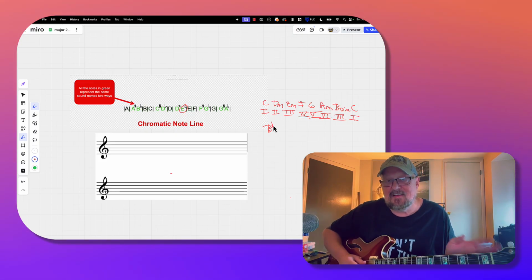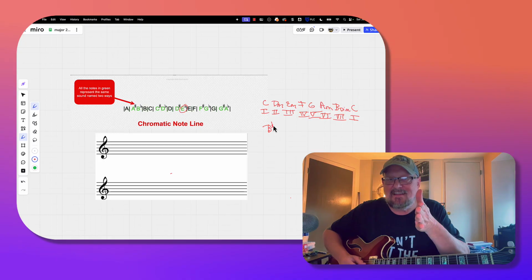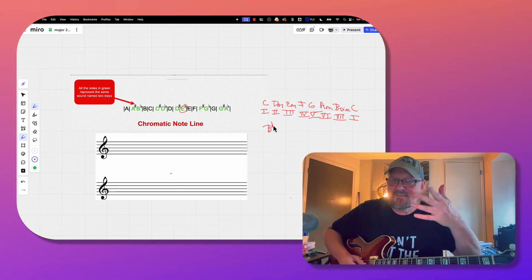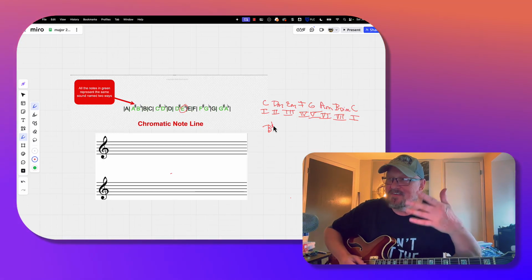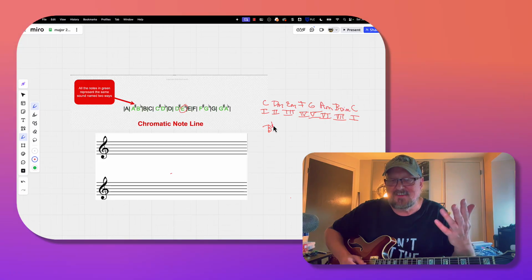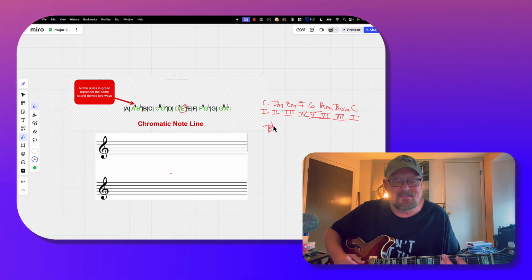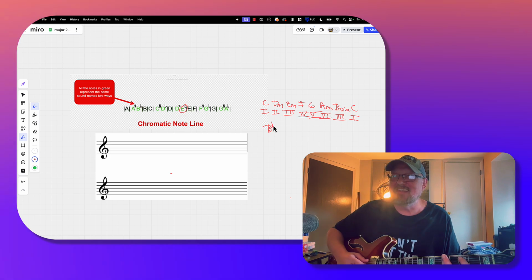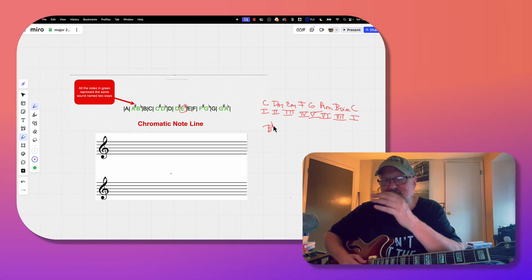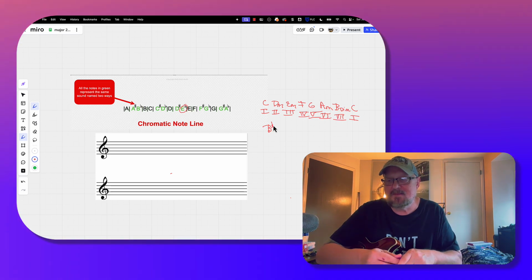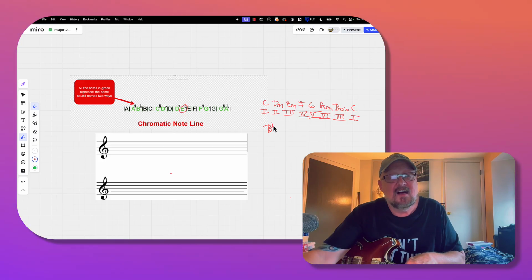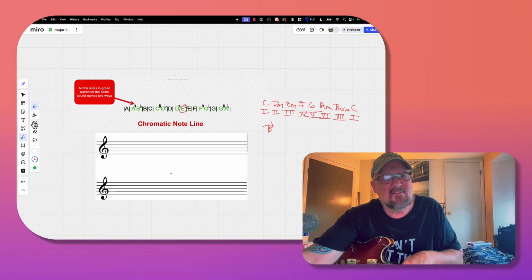The flat 7. They always relate the B flat to the C. In C major, B natural is the normal chord tone or diatonic note. If someone says, well, there's a B flat chord in it, then it's called flat 7. So it always relates back to the tonic note, which sometimes can get confusing. In any event, that's jumping ahead just a little bit, so let's get rid of that.